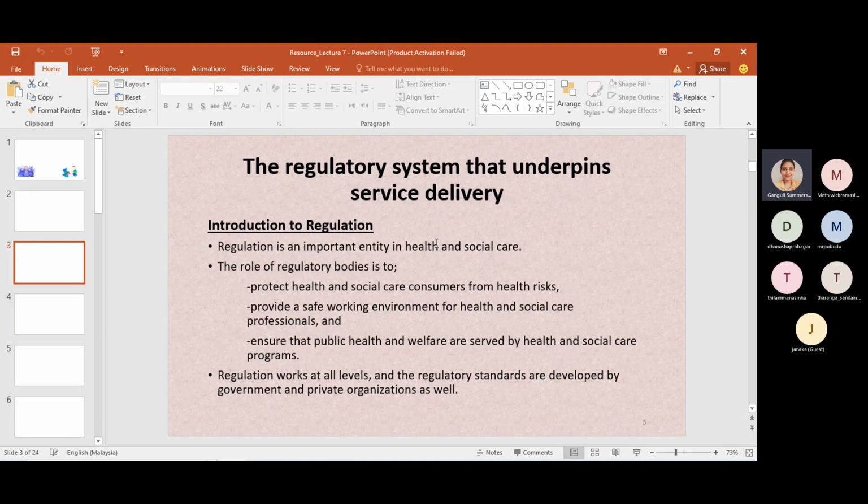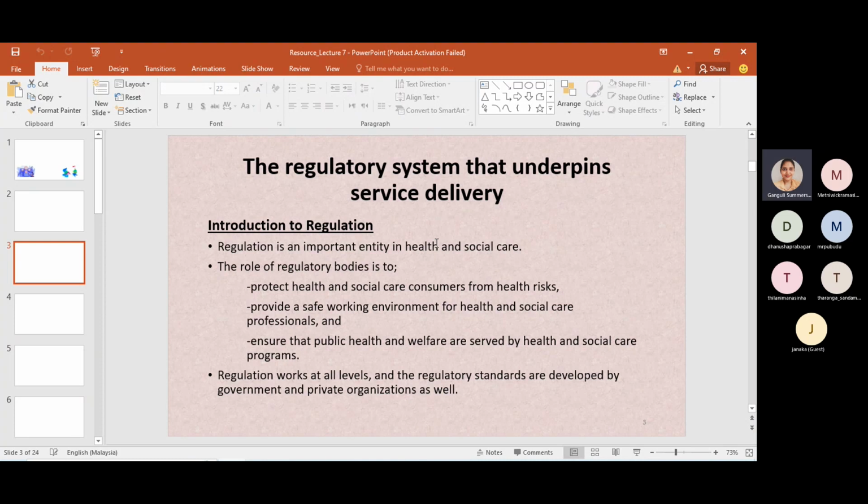All the people working in the workplace should work according to these standards, rules or guidelines. So the regulatory bodies or the regulators will check if you are working according to these standards or not. If you are working according to the standards, then no problem, no issues.